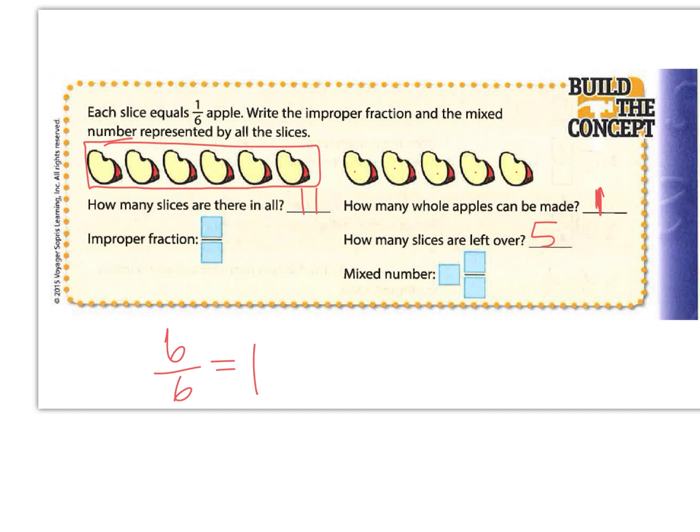Okay, so the improper fraction, remember these are 1/6 of an apple, so that's what the denominator will be, and there are 11 total. So then it says, what is the mixed number? Well, we know it is 1 whole, and then there is a remainder of 5 out of 6. So 1 and 5/6.